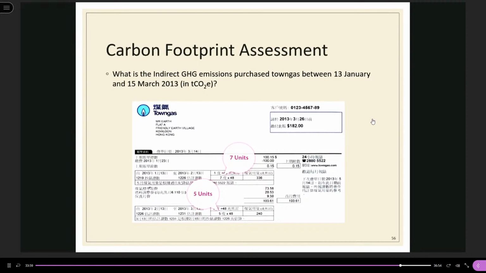And from the town gas, you can also estimate your carbon footprint. In these 2 months, you have 7 and 5 units. Multiplying by the greenhouse gas emission factor, we have 7.18 kg of CO2 equivalent.